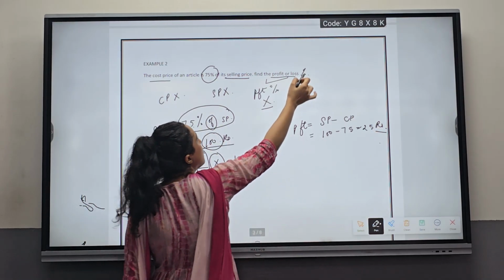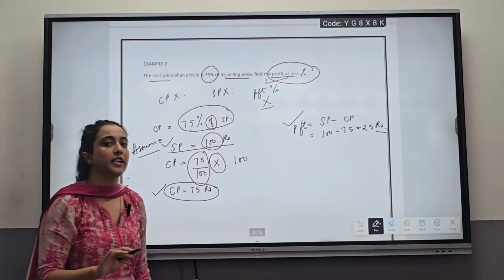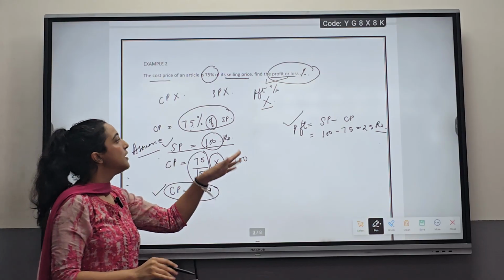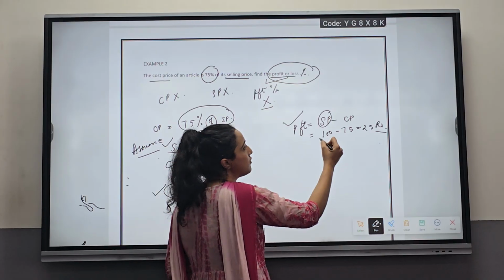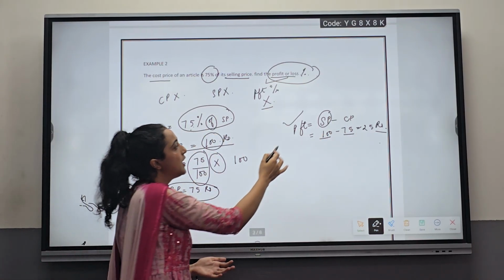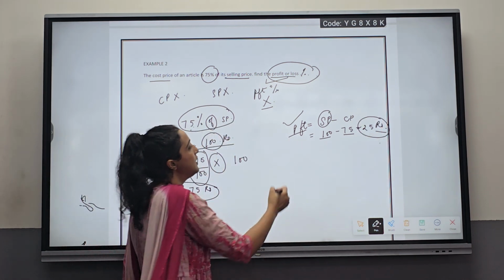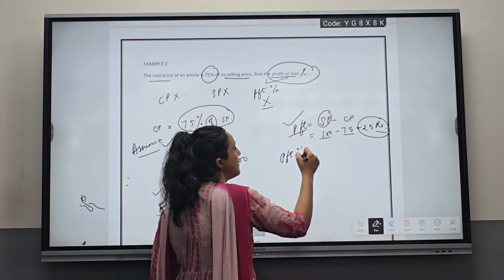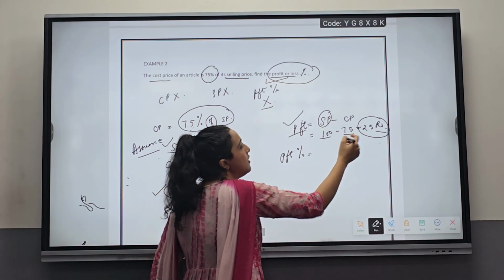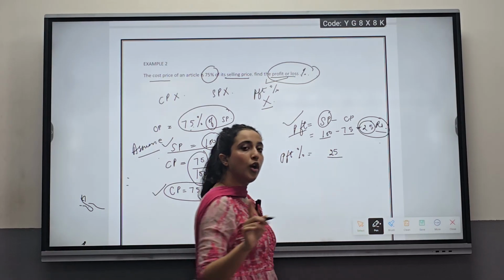You have to find out the profit or loss percentage. First of all, we know that we have a profit in this transaction because the selling price was more. Selling price was 100, cost price is 75. So there is a profit, and the profit is 25 rupees. Now what will be the profit percentage? Profit percentage will be profit, that is 25, divided by what?